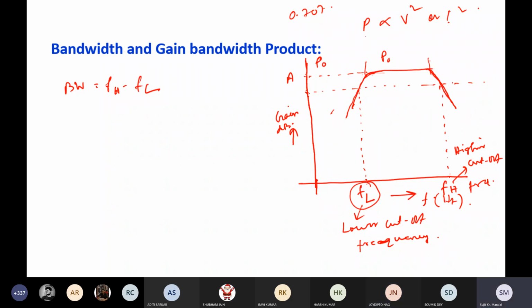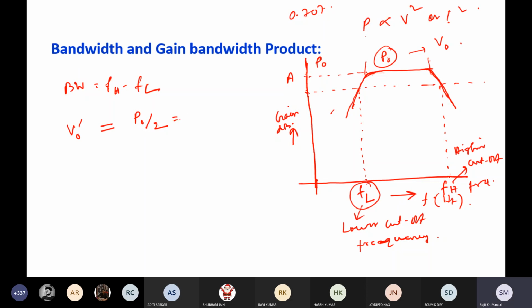Yes, sir. Okay. So now, if power is proportional to V square, and it is P0 when the voltage is V0, then at the half power point the corresponding power is P0 by 2. What would the voltage be at this point? Say the corresponding voltage is V0 prime, at which the power becomes P0 by 2.